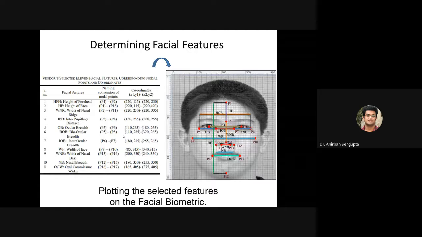So all of these 11 features are part of the facial biometric, along with the nodal points between P1 to P18 that were used to produce the final facial signature.